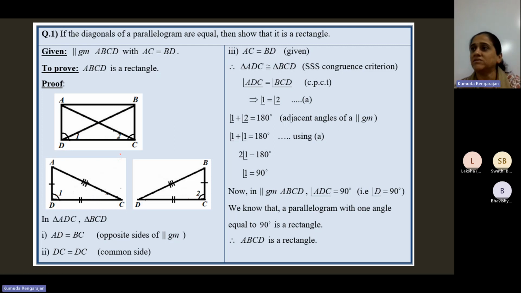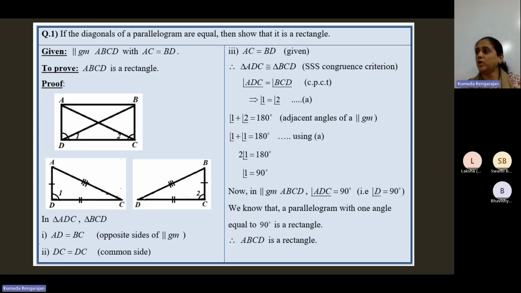So ADC, BCD. These two triangles are congruent by SSS rule. CPCT, angle 1 is equal to angle 2. This angle 1 is equal to this angle 2.